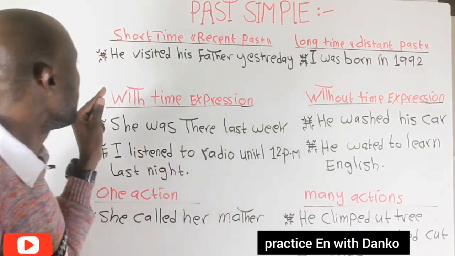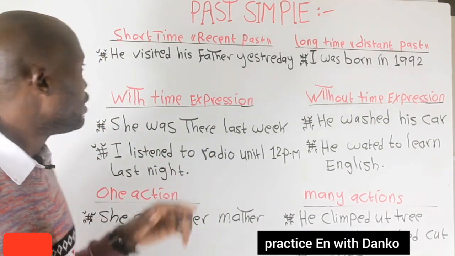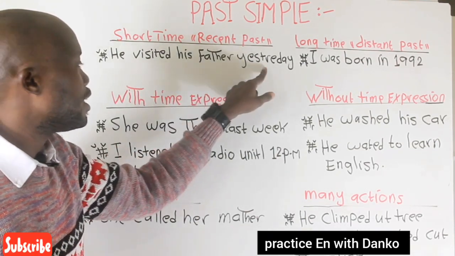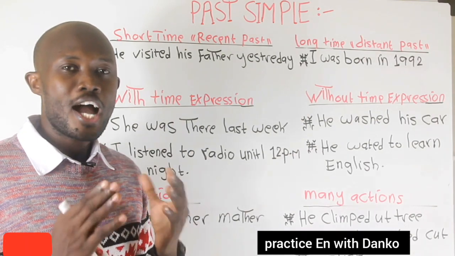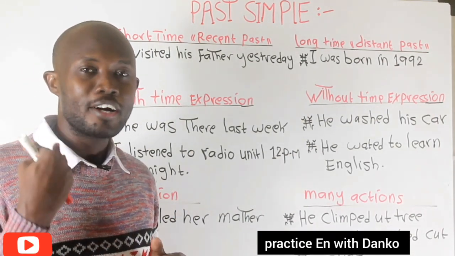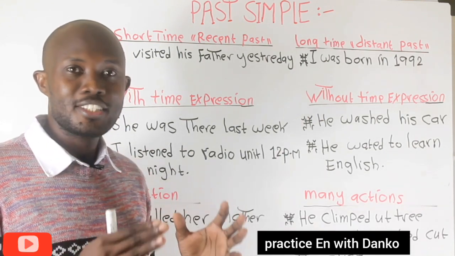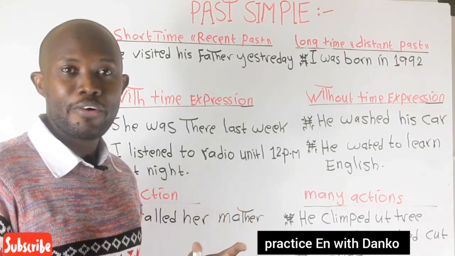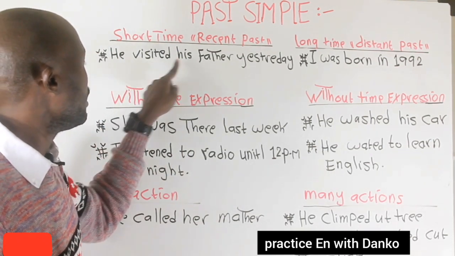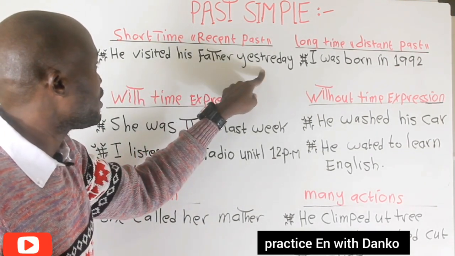First, at short times: he visited his father's yesterday. As you know, yesterday is not very far. It is just a short time ago. So here, he visited his father's yesterday.